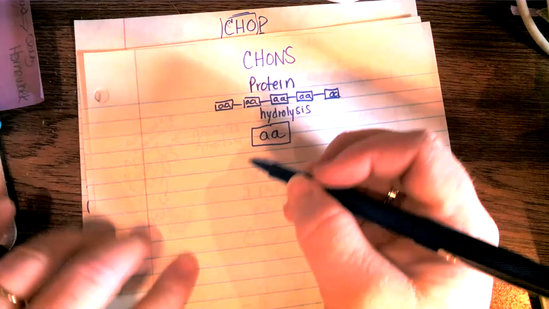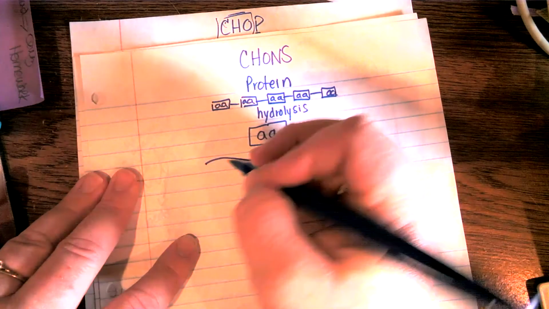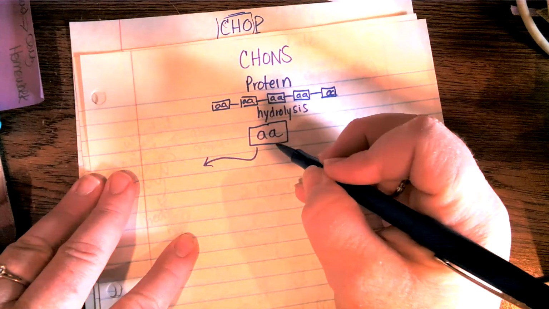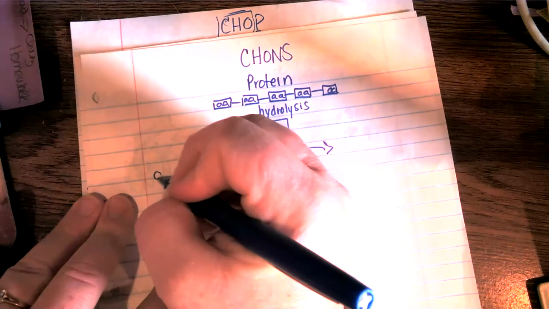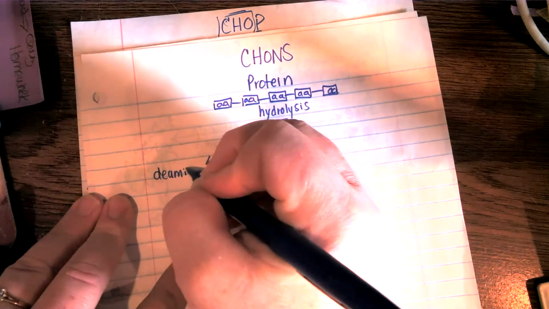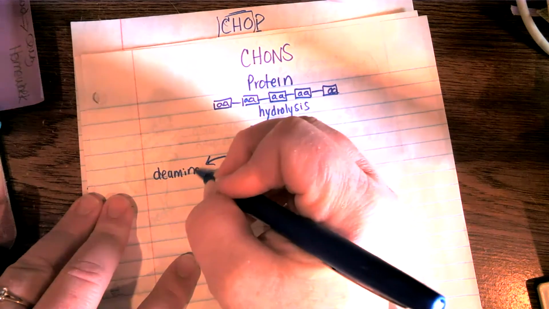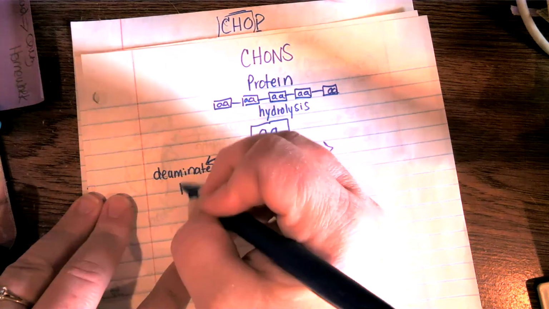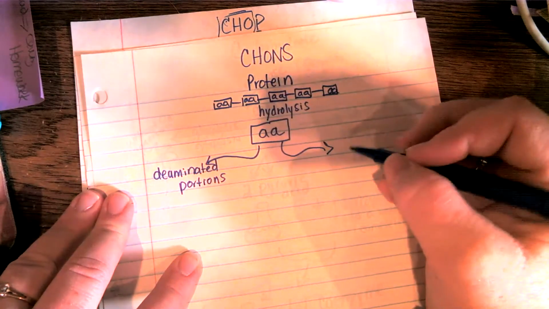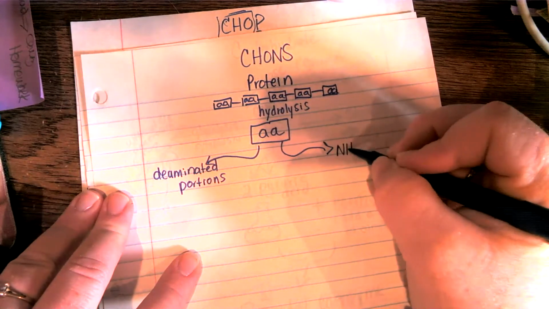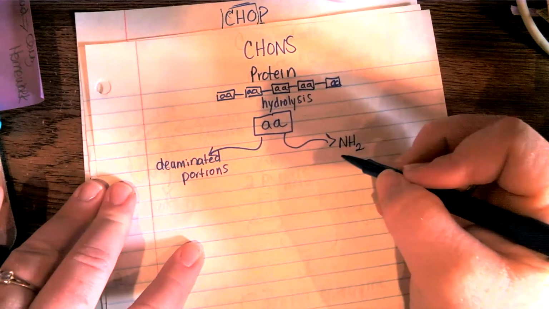So we have the amino portion, and then there's the nitrogen portion. They call it the deaminated portions of molecules, and then you have the NH2 groups.